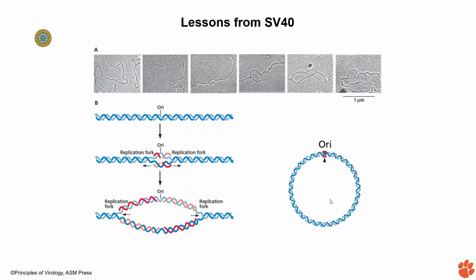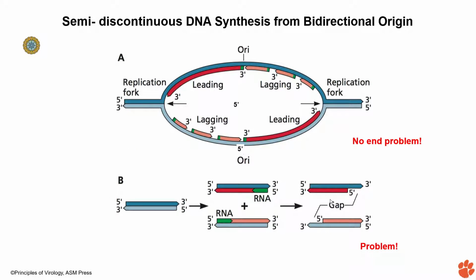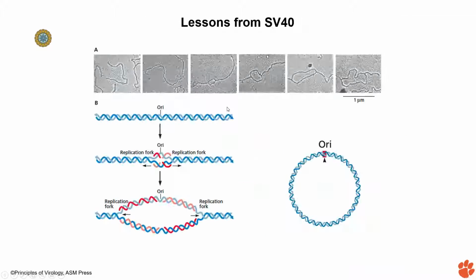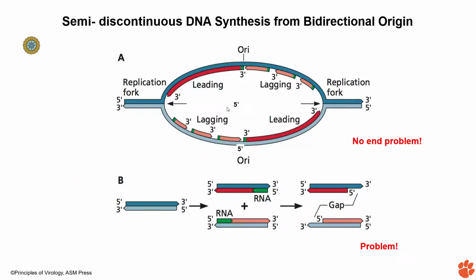That's your terminal resolution. Here we saw this, and this is just happening in both ends. Here you can see that this is the origin of replication. This is 5' to 3'. The synthesis is going on in this direction. And the synthesis on this strand, because it is being unbound, will go on as the lagging strand.